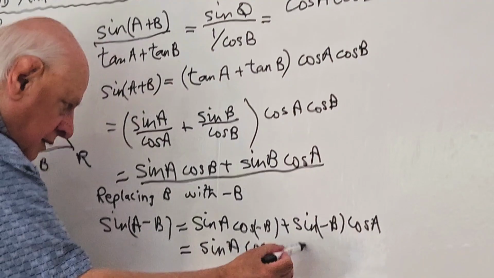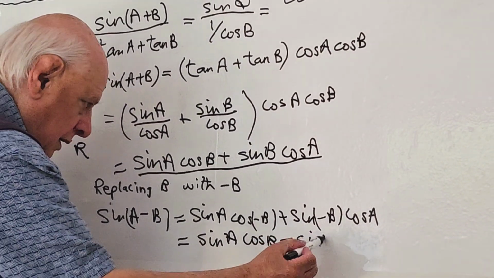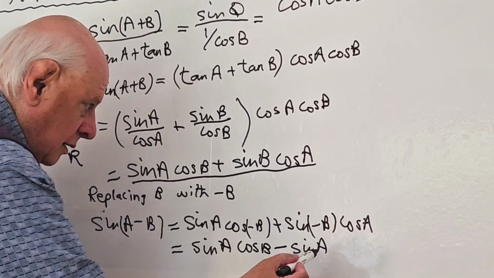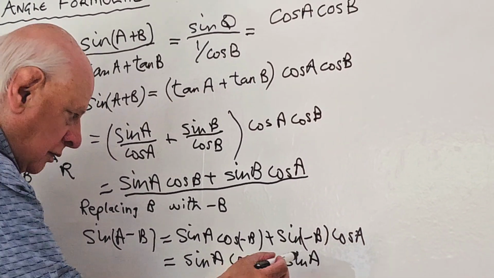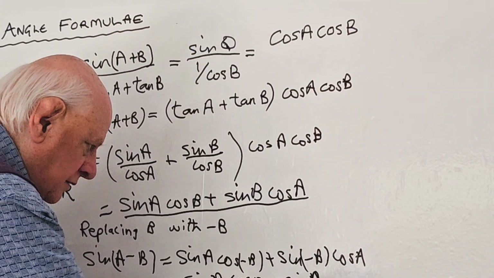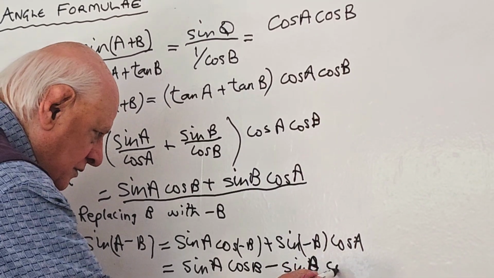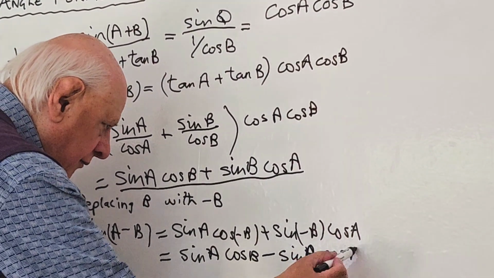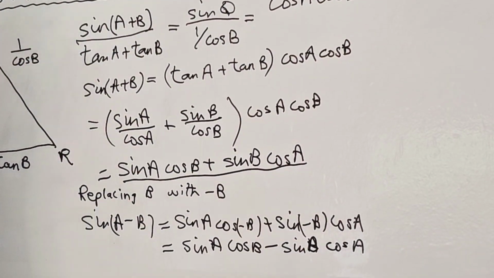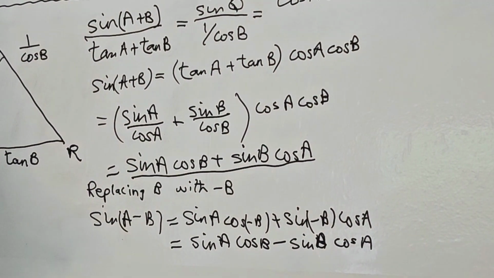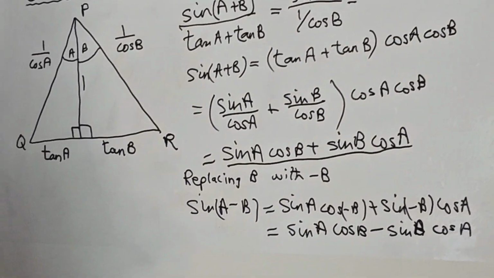So that's sine A, sorry, beg your pardon, that is sine of B cos of A. And that is the compound angle formula for the difference of the angles.